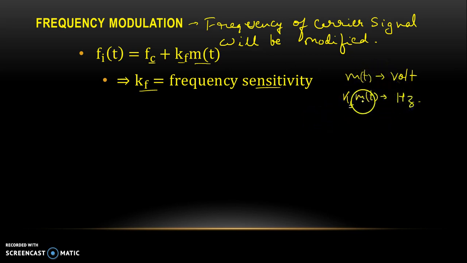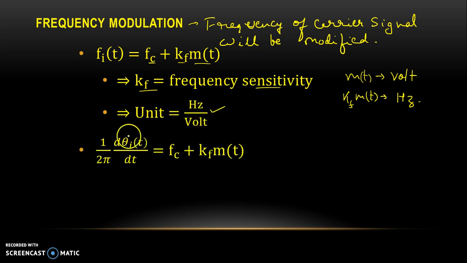So what can be the unit of kf? If I shift kf to the denominator, I get that the unit of kf is hertz per volt. This is the unit of frequency sensitivity. In phase modulation, we saw the phase sensitivity and the unit is radians per volt, but in this case we are discussing frequency, so it's hertz per volt.